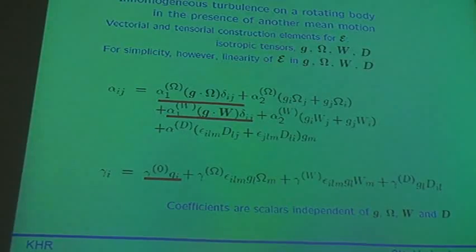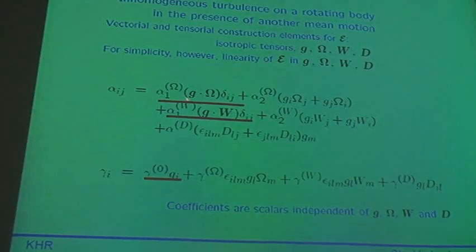Next step. We include in the list of construction elements now also the curl of U bar and the deformation tensor, the symmetric part of the gradient tensor of U. And you have terribly long lists of contributions to these tensors. I restrict myself here to linearity in all these quantities, just to have a simple case.